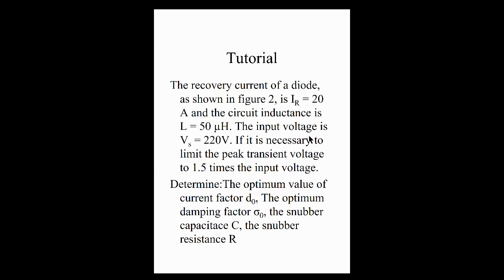The input voltage, that's Vs, is 220 volts. It is necessary to limit the peak transient voltage to 1.5 times the input voltage. You are now asked to determine the optimum value of current factor D0, optimum damping factor sigma naught, the snubber capacitance, and the snubber resistance. Right, this is very simple. You will just be using the formula to do this calculation.